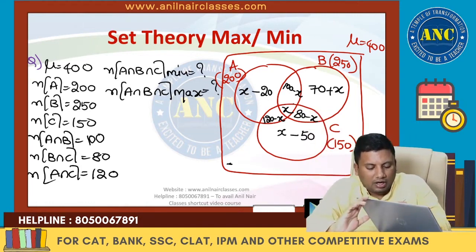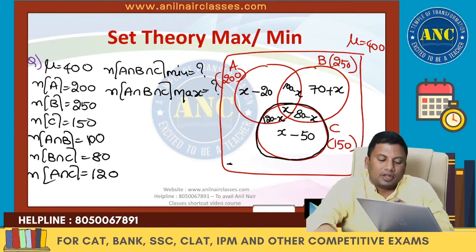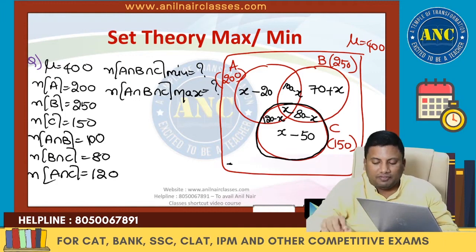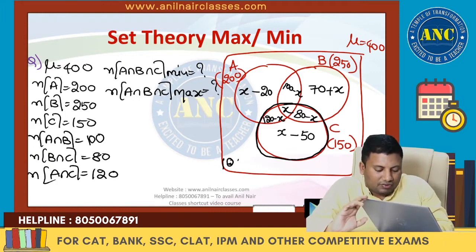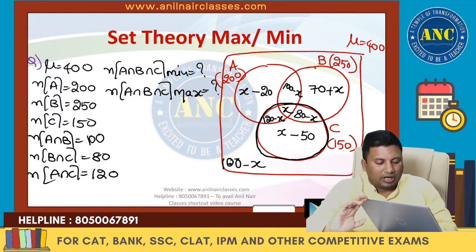Total of this circle value is 150, minus 20 plus 100 is 80, 80 plus 70 is 150, 150 plus 150 is 300. This will be 100. There are two positive X, so there will be two negatives.